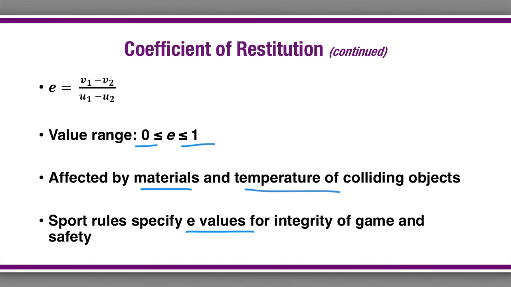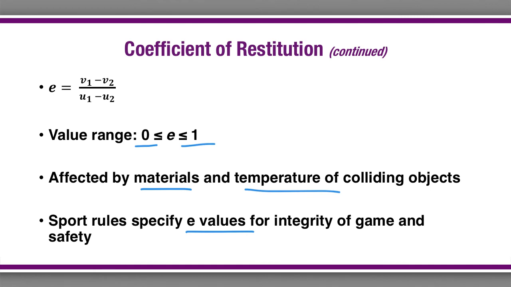You also have coefficient of restitution rules within basketball. The E value has to be maintained within a certain range, for example, the coefficient of restitution between the bouncing ball and a court. Right, same thing with volleyball.